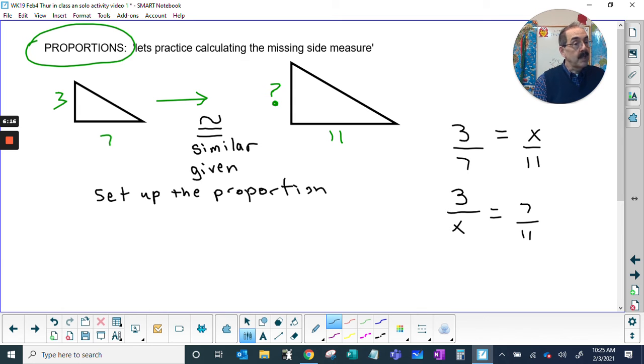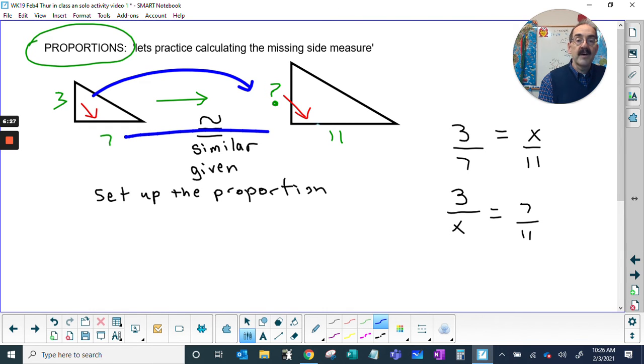Okay, either direction you get the same answer. So the first one, I went 3 to the 7 as question mark to the 11. The second way I did it was 3 to the question mark as 7 to the 11.